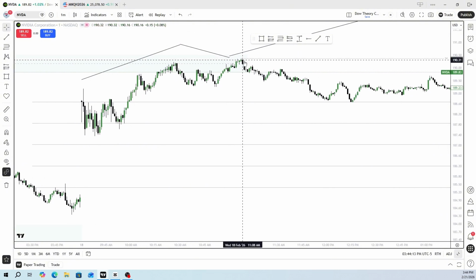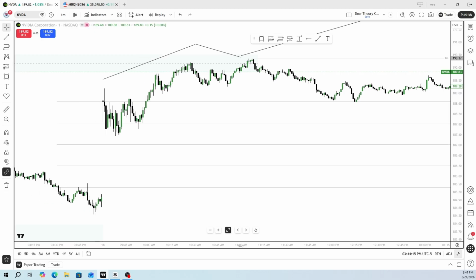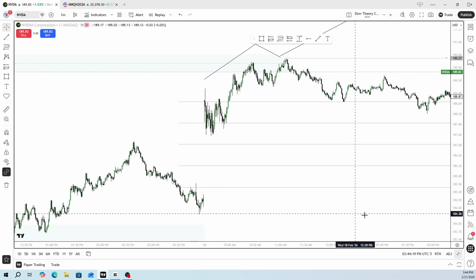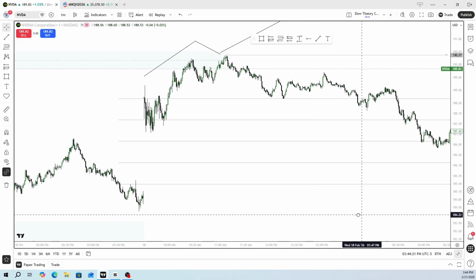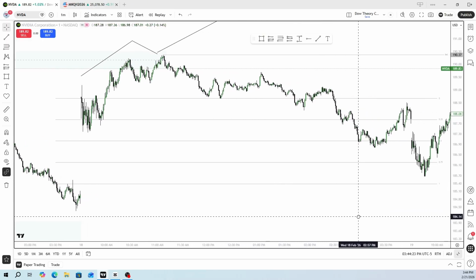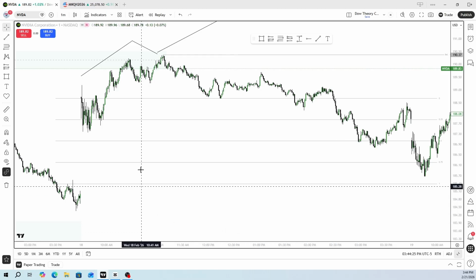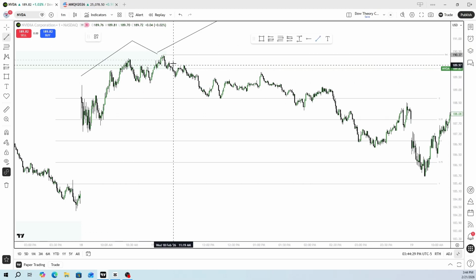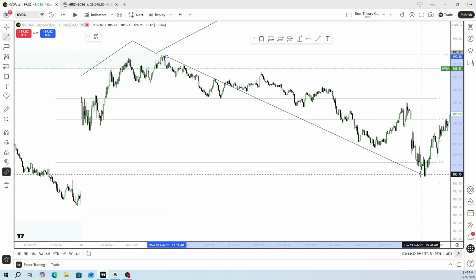Boom. Leaving the buy side to be attacked, and then you see us begin to reprice lower, right, back down into this side of the gap. So this side of the curve here.